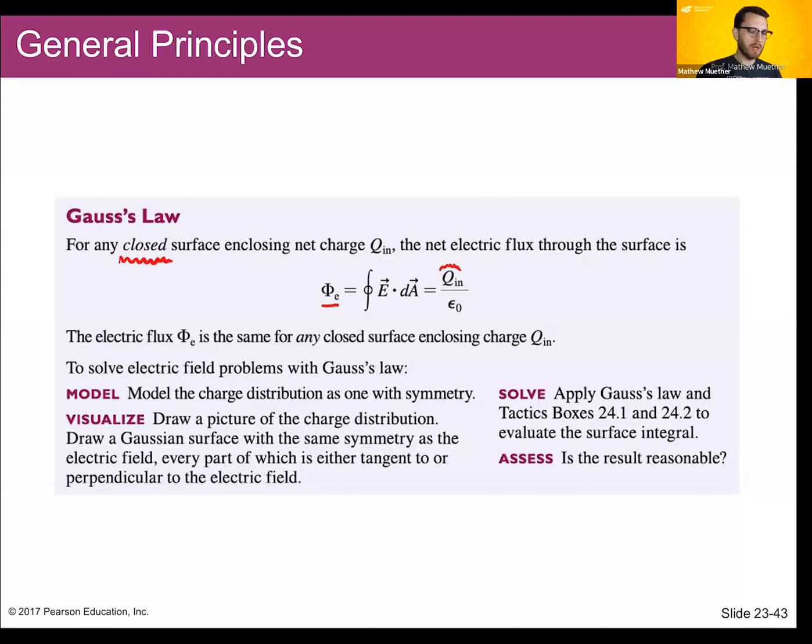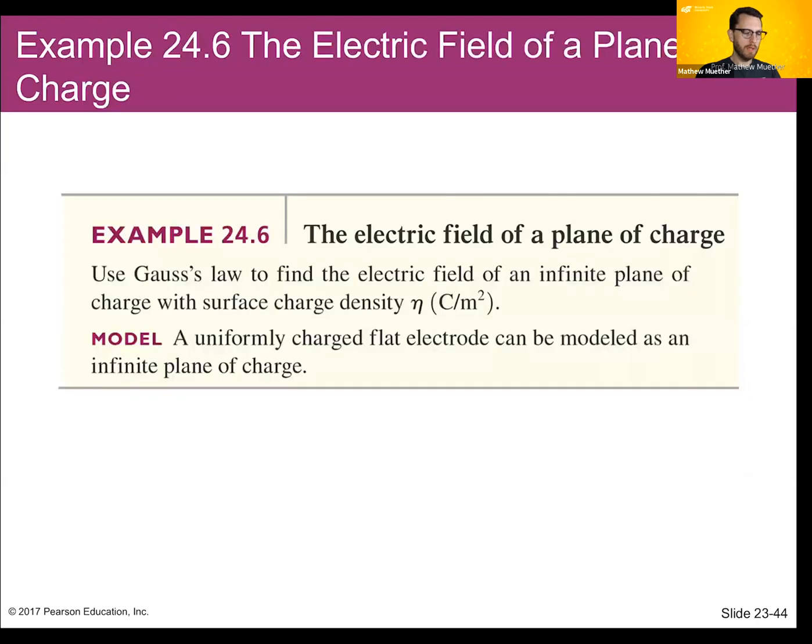And we were talking about how we can calculate that total flux by looking at the electric field flowing through little area components on that surface. Okay, so let's just jump into it and look at this particular problem. We've seen this one before, right? The electric field coming from a plane of charge.